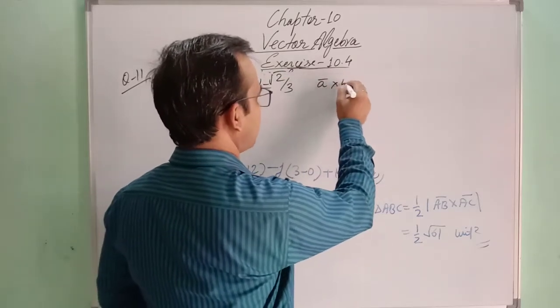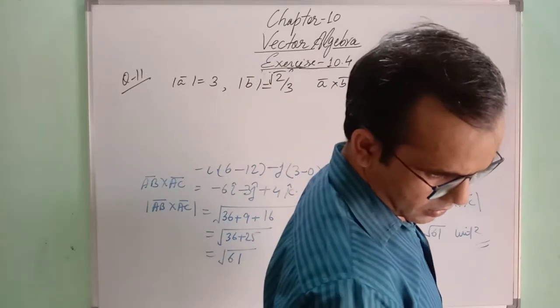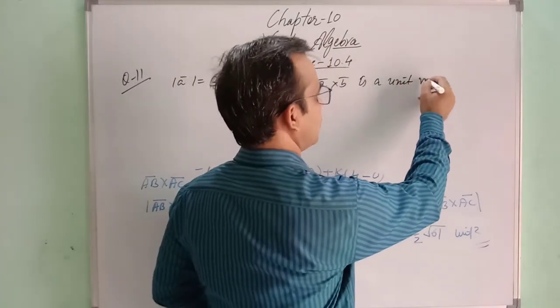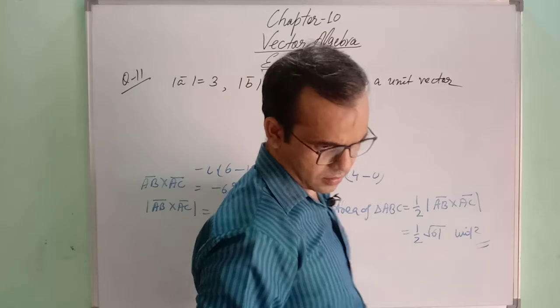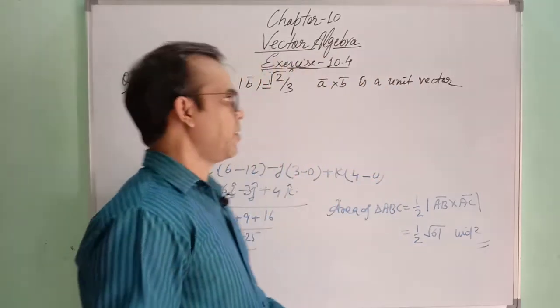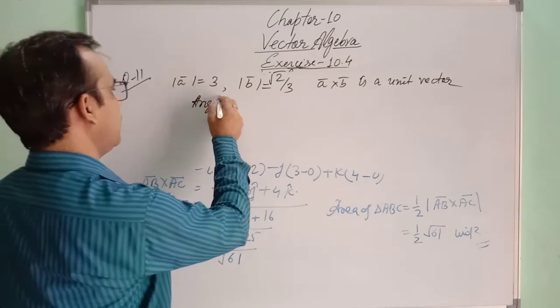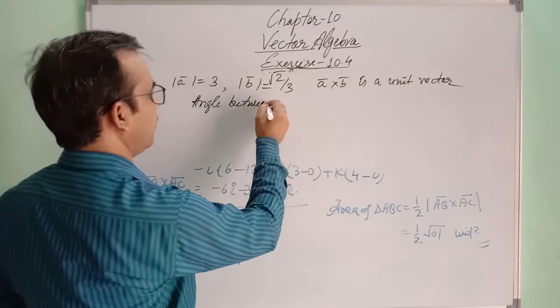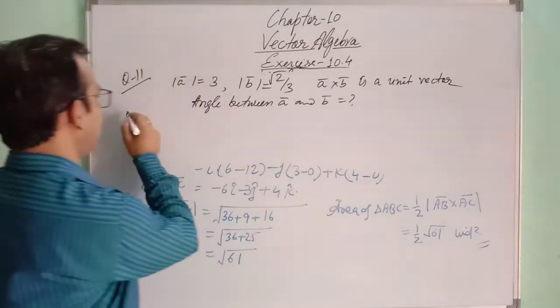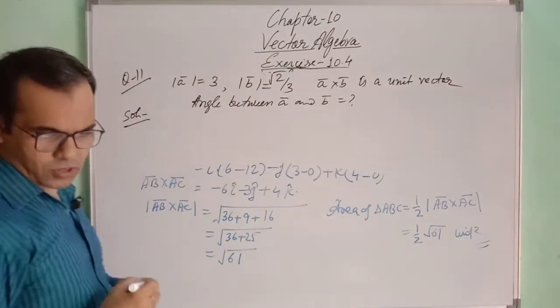And A vector cross B vector is a unit vector. Then we have to find the angle between A vector and B vector. Okay, so this is the question.